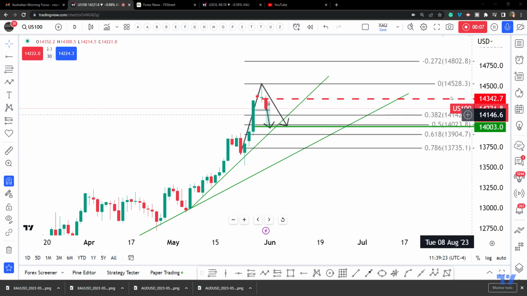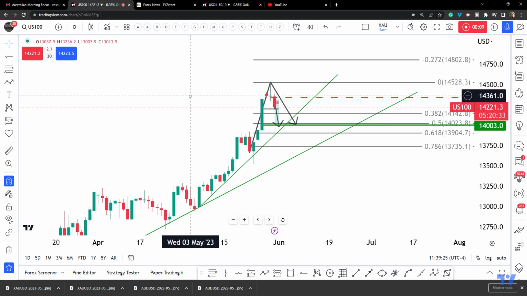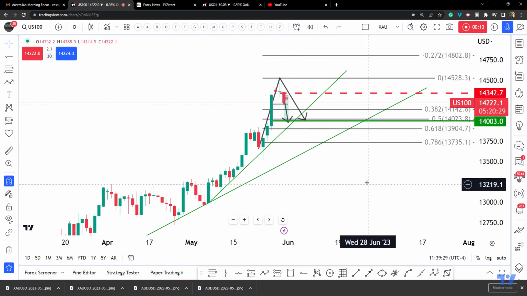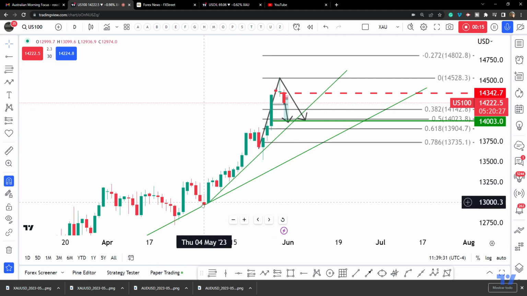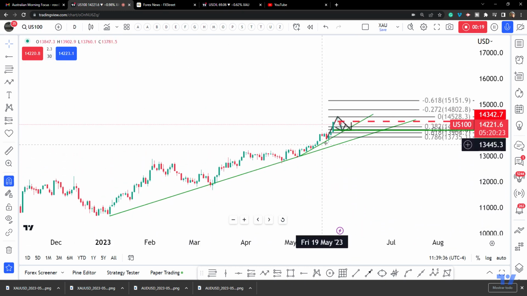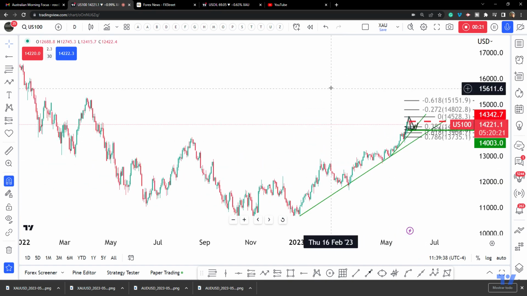So the market has shot up and it's correcting. So you've got the broader trend line intact. So I'm not saying that the market's about to collapse.